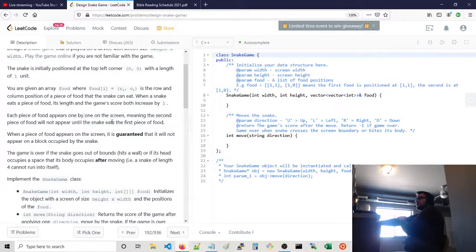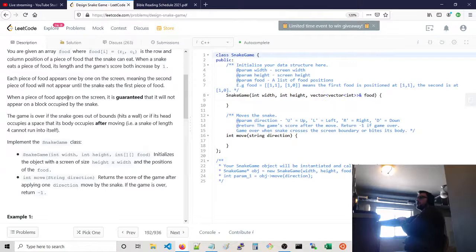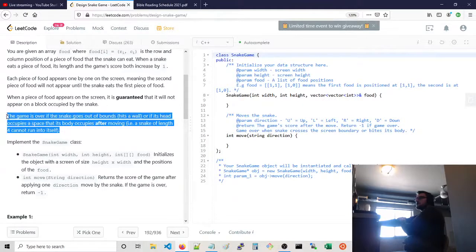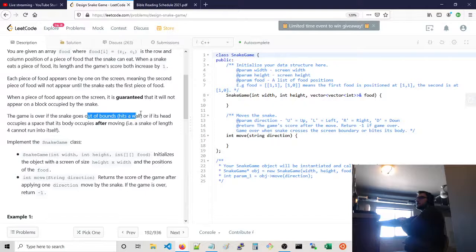Each piece of food appears one by one on the screen, meaning the second piece of food will not appear until the snake eats the first piece of food. When a piece of food appears on the screen, it is guaranteed that it will not appear on a block occupied by the snake. The game is over if the snake goes out of bounds, hits a wall, or if its head occupies a space that its body occupies after moving, i.e. a snake of length 4 cannot run into itself.